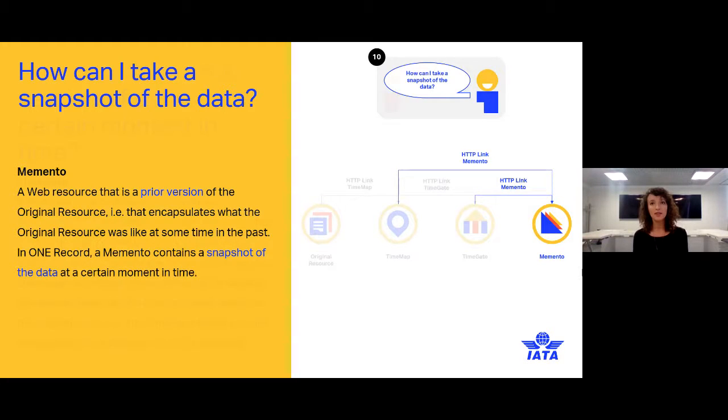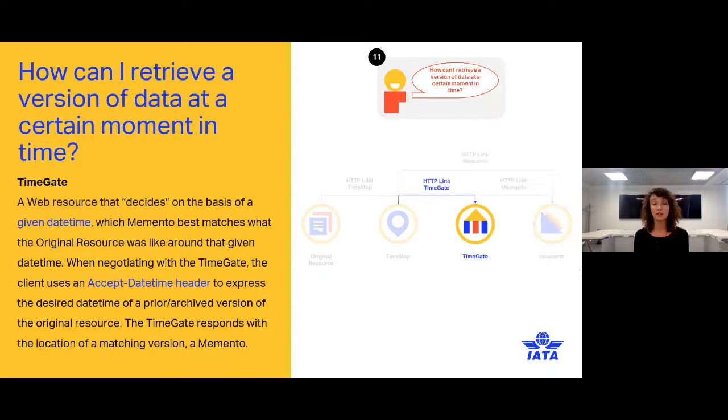Then the second question regarding the versioning was, how can I retrieve a version of the data at a certain moment in time? For example, you would like to see how the data looked yesterday at 3 p.m. So I would like to know which one of all the snapshots related to the logistics object is closest to 3 p.m. yesterday. For that we have a time gate, and this time gate decides on the basis of a given date which memento best matches what the original resource was like around that date time.